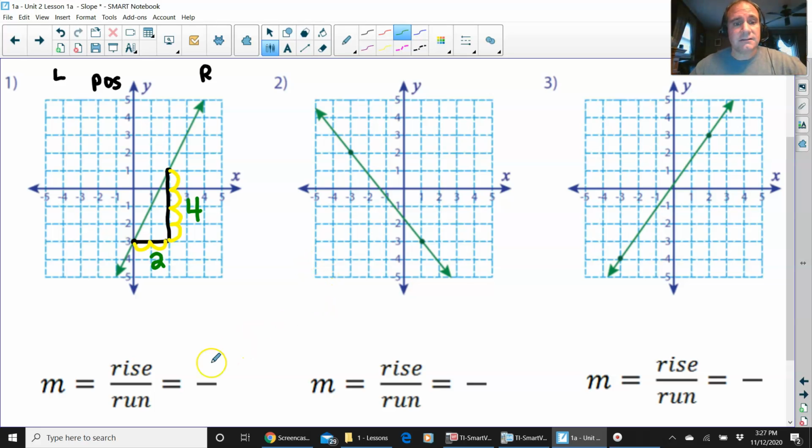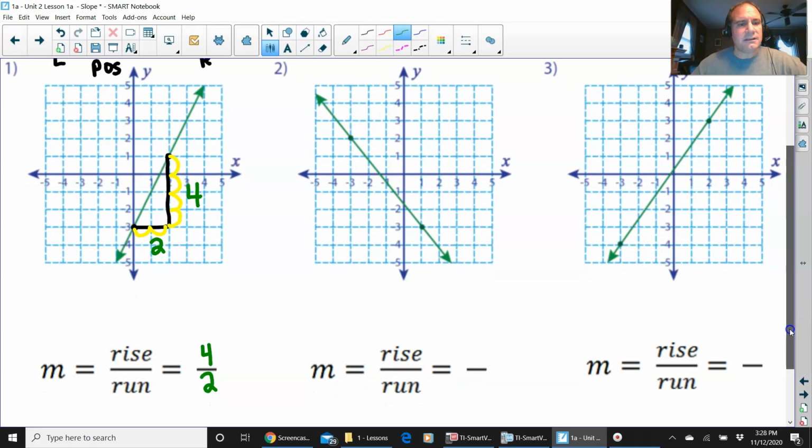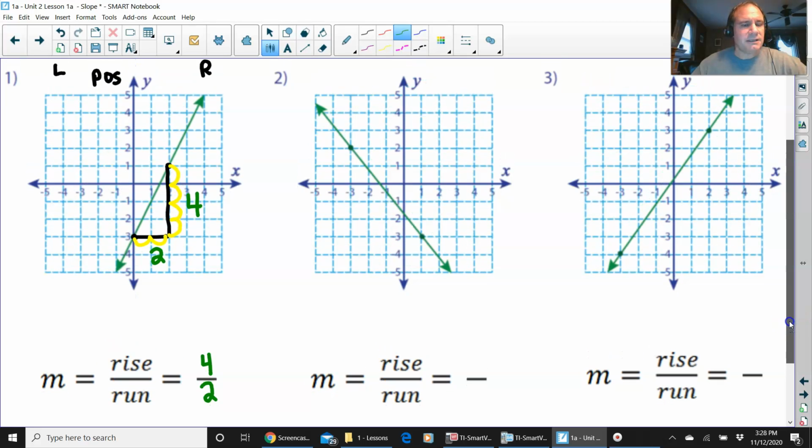Which number is that? If you said 4, that is correct. My run is the number that I'm going either right or left. In this case, I went right, and that's positive. 4 over 2. So my slope for this line comes out to be 2. M equals 2.